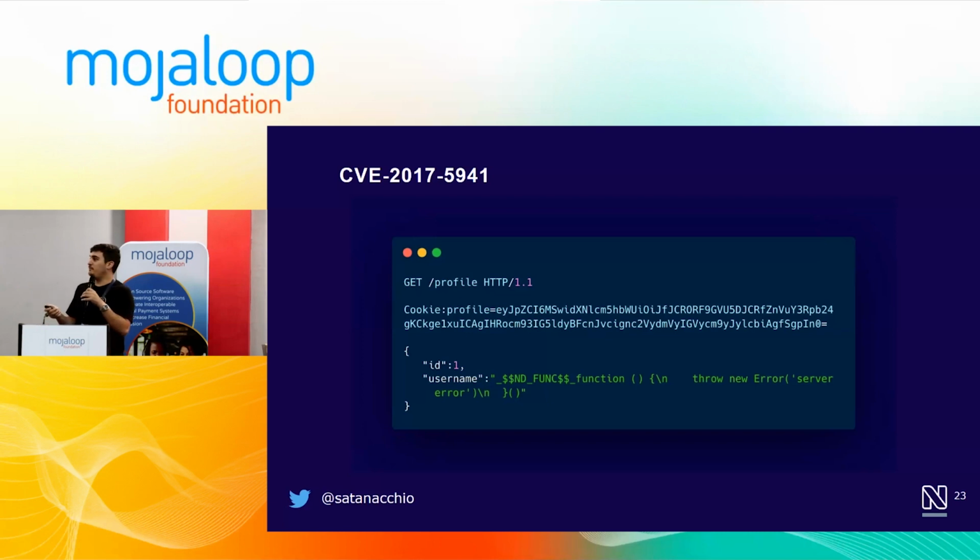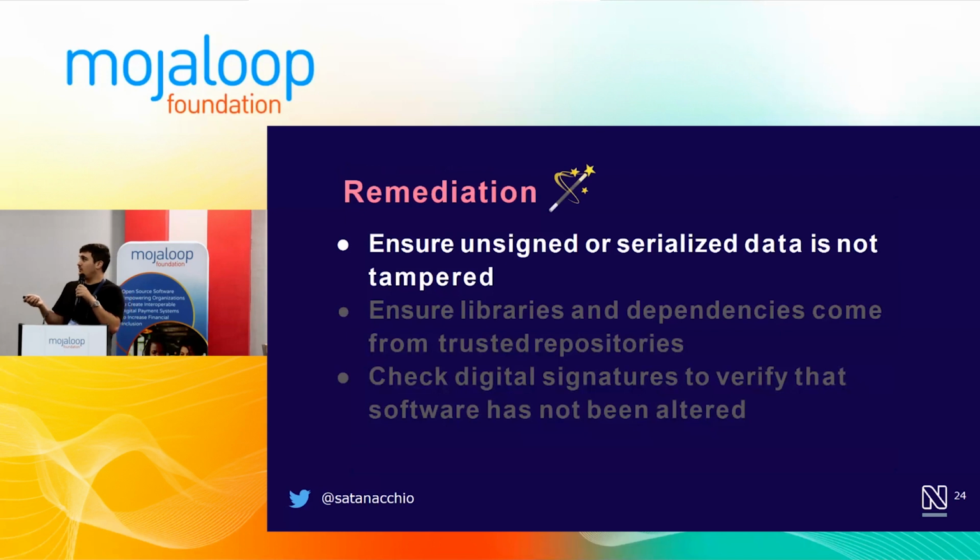So never trust user-provided data. Always perform some kind of validation and make sure that you use the proper tools to serialize and deserialize data. So yeah, ensure that unsigned or serialized data is not tampered.